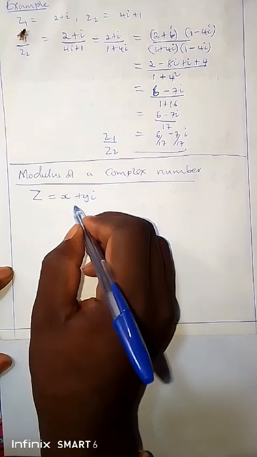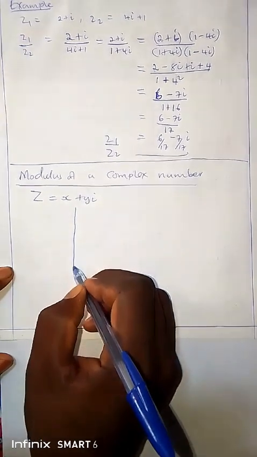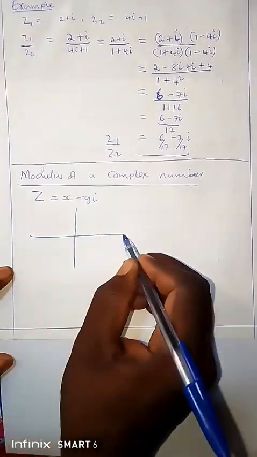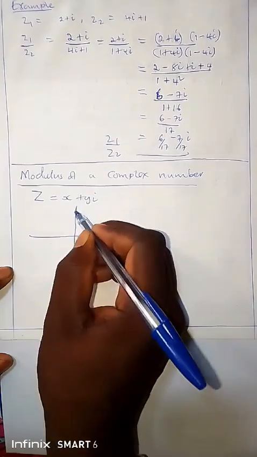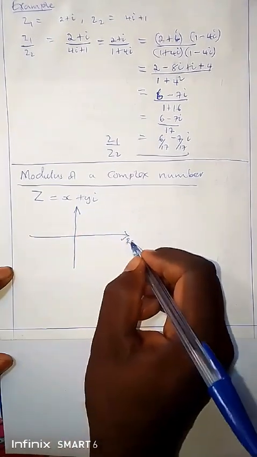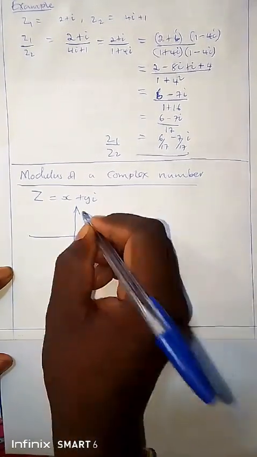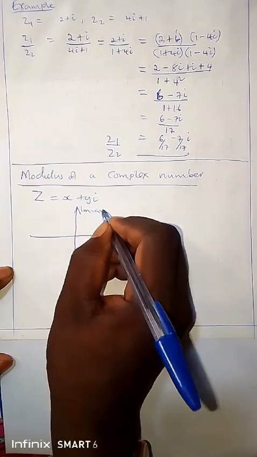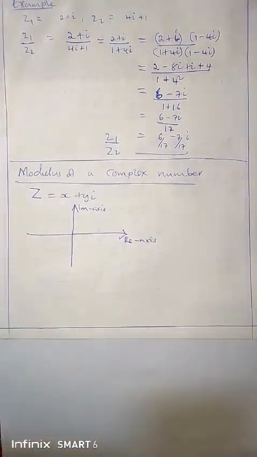We shall have what we call a complex plane. People confuse the two, so this is what we call the real axis, and this is the imaginary axis. In a Cartesian plane, we have the x-axis and y-axis.